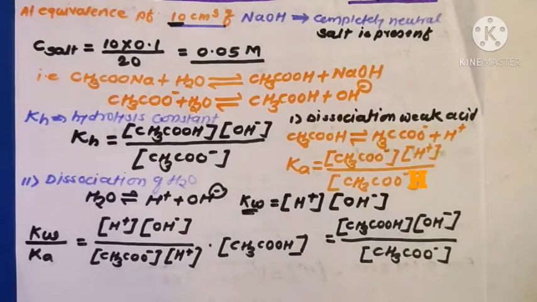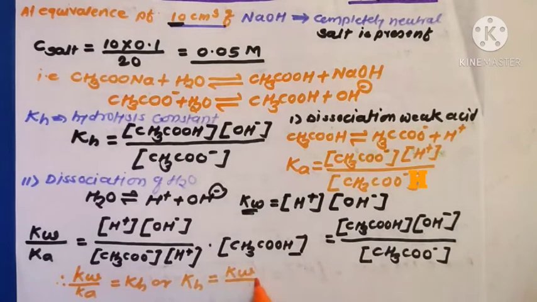Therefore Kw upon Ka is equal to Kh, that is, Kh is equal to Kw upon Ka.